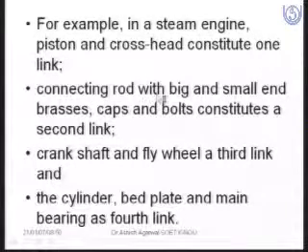Similarly, the connecting rod with big and small end bushes, caps and bolts constitutes the second link. Crankshaft and flywheel form the third link. Similarly, cylinder, bed plate and the main bearing constitute the fourth link. So the steam engine or the reciprocating engine is a 4-link mechanism.